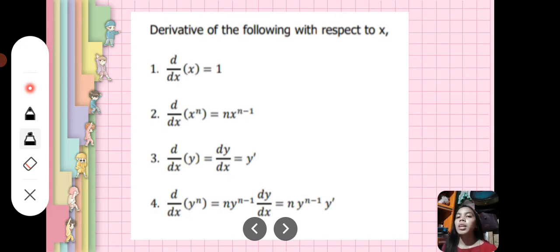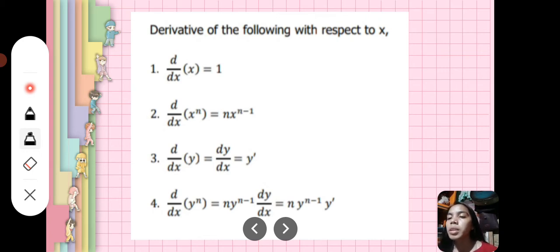The second is the derivative of x to the power of n with respect to x, which is equal to nx to the power of n minus 1. For the third one, the derivative of y with respect to x is equal to dy over dx, or it can be y prime.